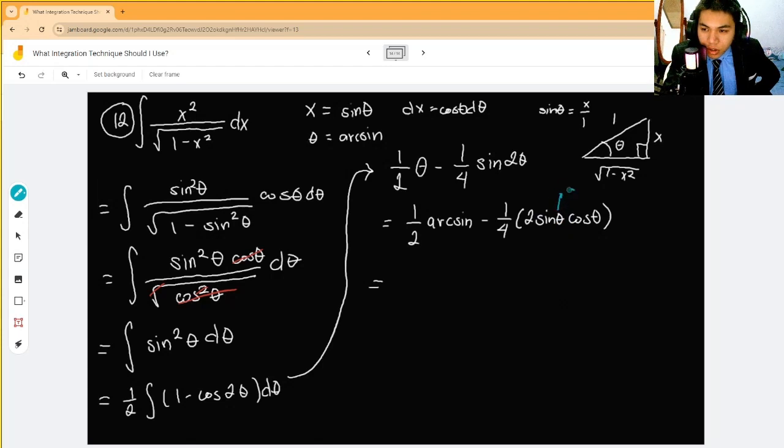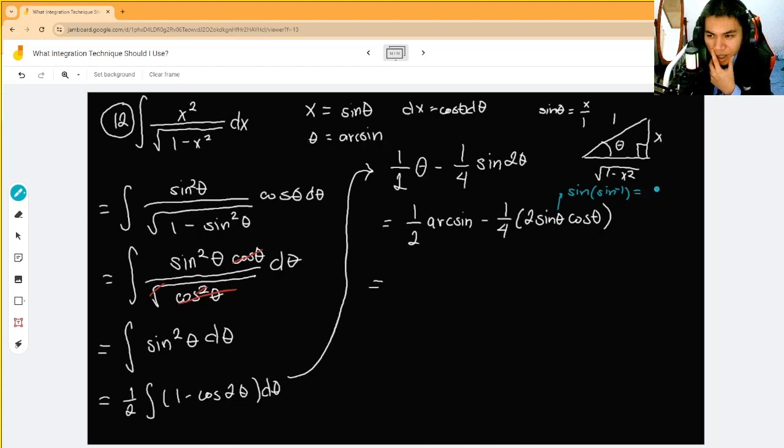So sine of inverse sine, this would be equal to what? Right, since sine is opposite over the hypotenuse, and sine of arcsine, that would just be equal to x, right?